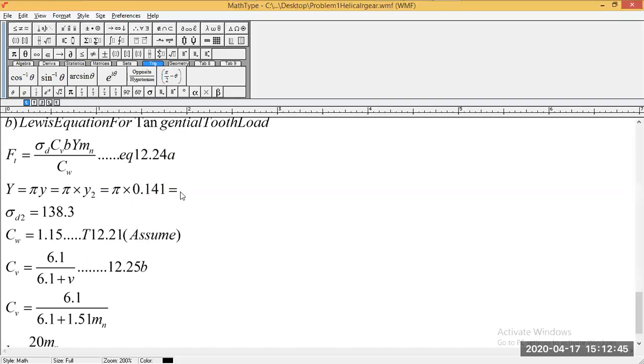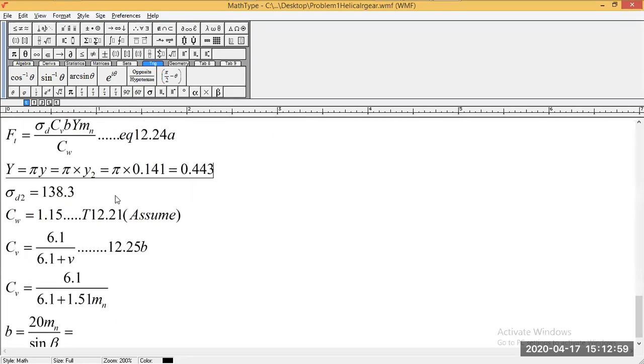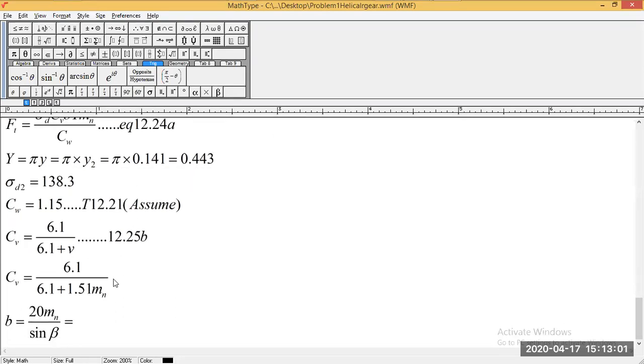So capital Y is pi times y. Pi times 0.141 is 0.443. Then this here cannot be simplified, so let it be like this. What about this, 20 over sine beta?